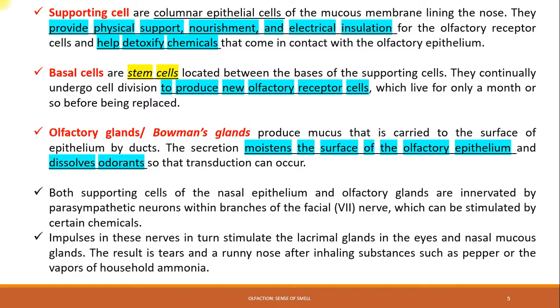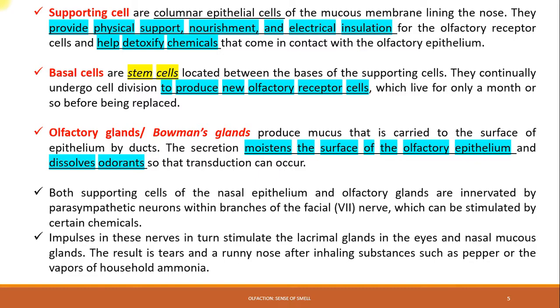So supporting cells are the columnar epithelial cells of the mucous membrane lining the nose. Okay, so they provide physical support, nourishment, and electrical insulation for the olfactory receptor cells, and also help detoxify chemicals that come in contact with the olfactory epithelium.